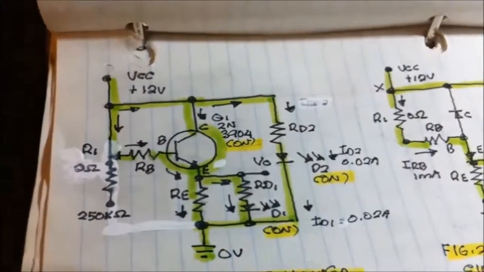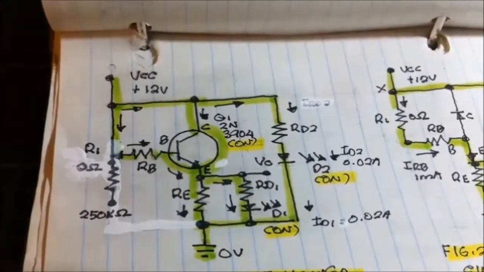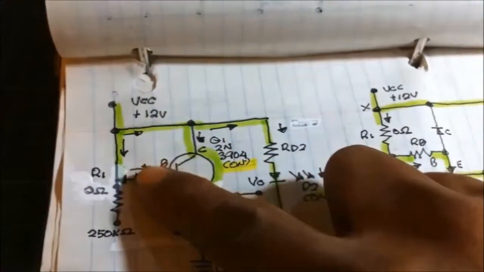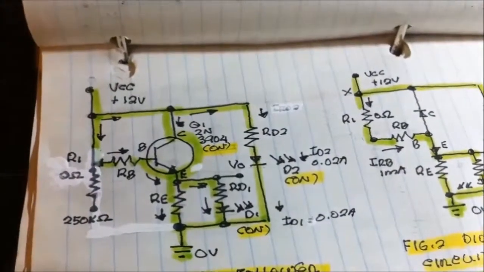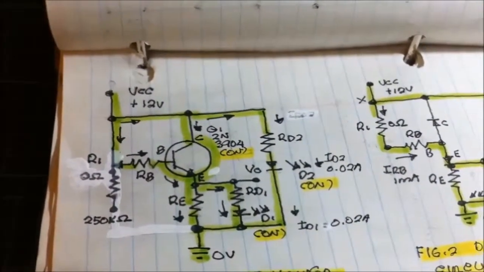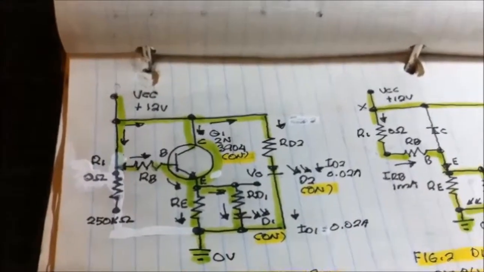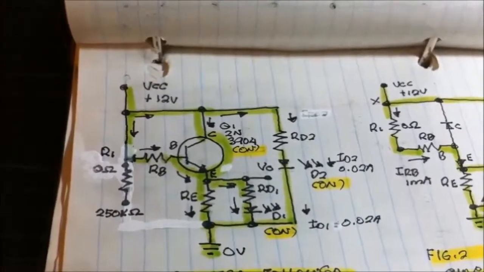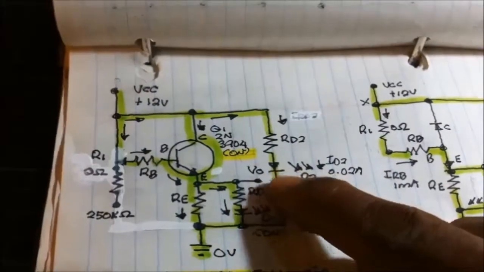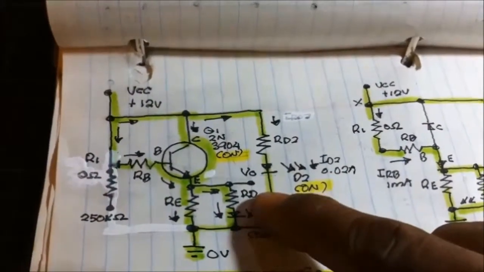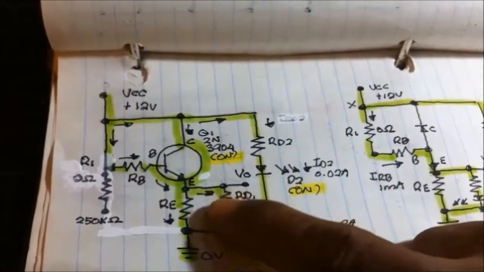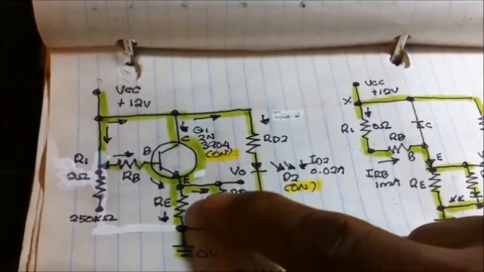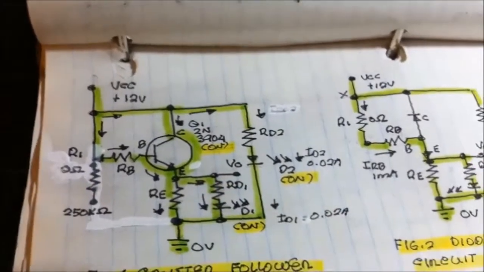Now we got a second KVL. Current flows from the VCC to the base, into the emitter. In this circuit configuration, it seems complicated because we're taking the output at the emitter side, and the output load is in parallel with the emitter resistor.